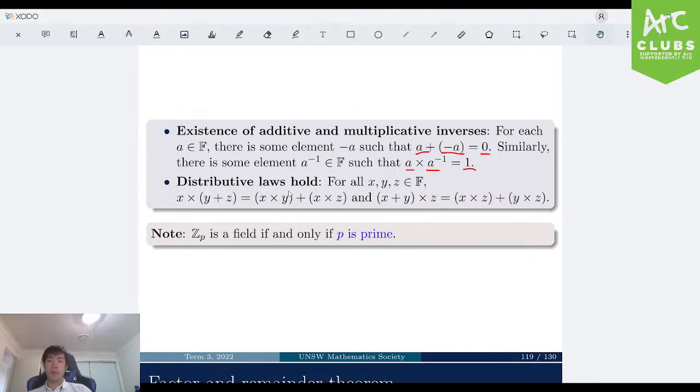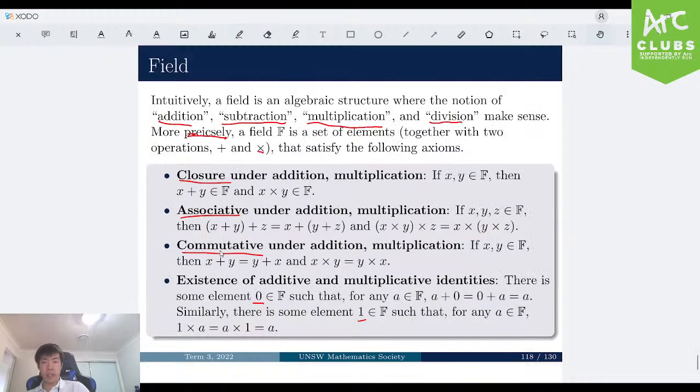We have a remark here. Z_P is a field if and only if P is prime. I believe they went through this in the lectures, but essentially, the only problem that Z_P has, whether it's a field or not, has something to do with 0.